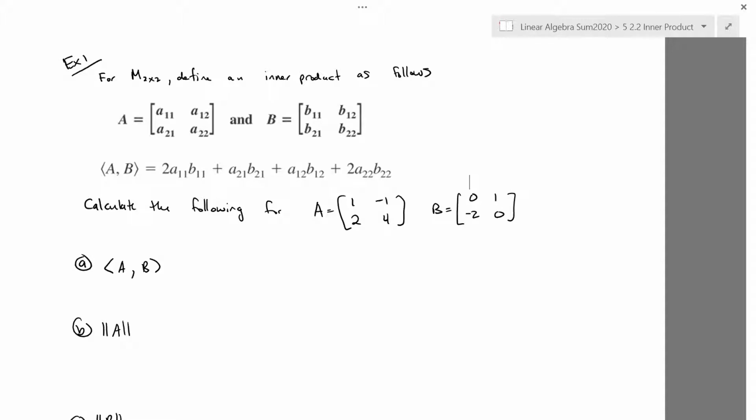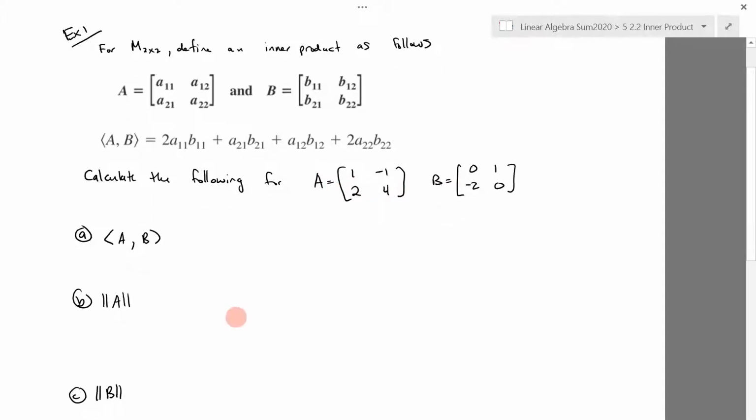In any case, here we're going to calculate the various things for these two particular matrices, A and B. To calculate, we just apply the formula for the inner product. So the entries are A11, A12, A21, A22, B11, B12, B21, B22.